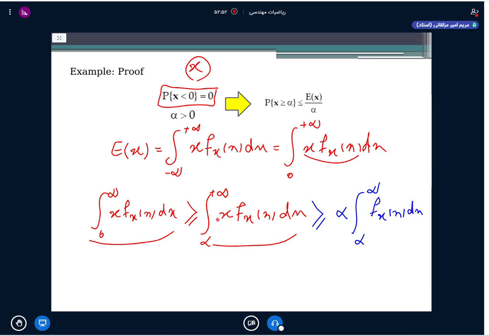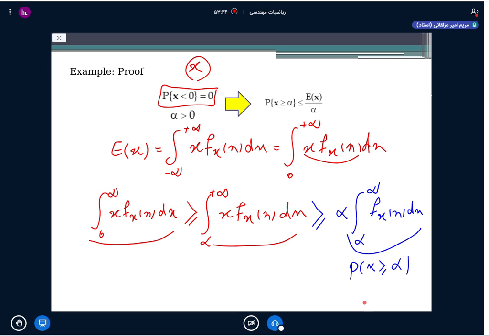But in this integral, we replaced x with the constant alpha. So this integral is larger than or equal to this integral. And here, what is this? We integrate the PDF from alpha to positive infinity. It means the probability that X is greater than or equal to alpha.